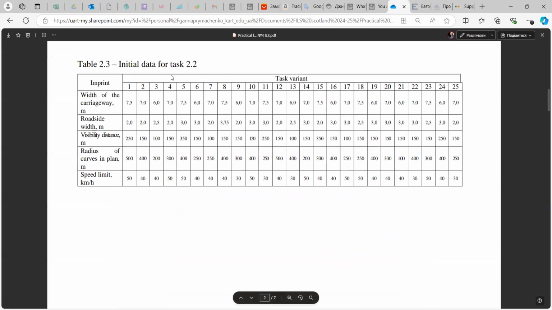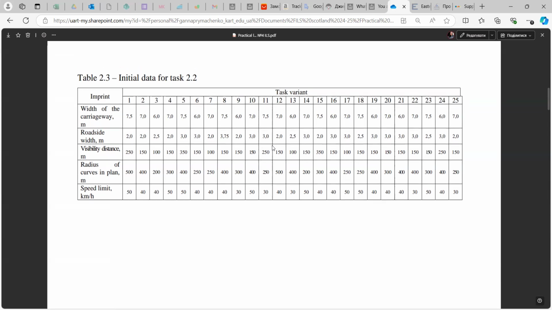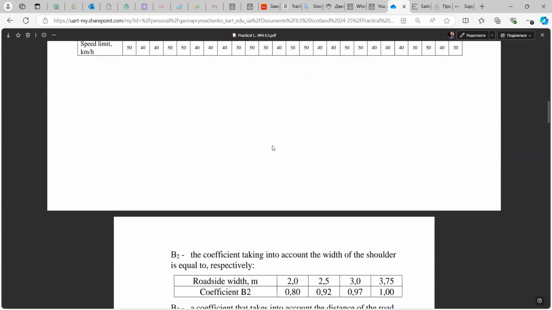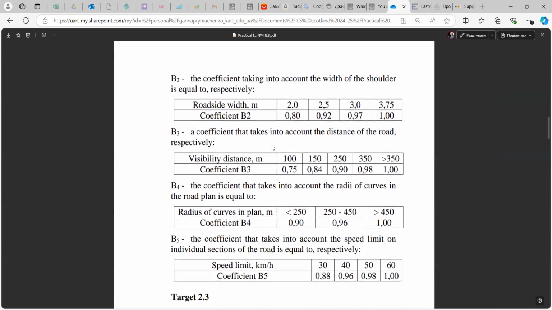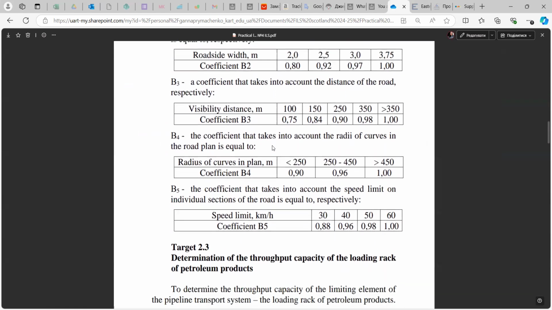You got it now? Okay, so we need to find the visibility distance. It is in our table, already in meters, which is all we need. So if you have the first variant, this information is 250 meters. And for other variants you can find it, and only remember it, please. So come back to our table about coefficient b with index 3.